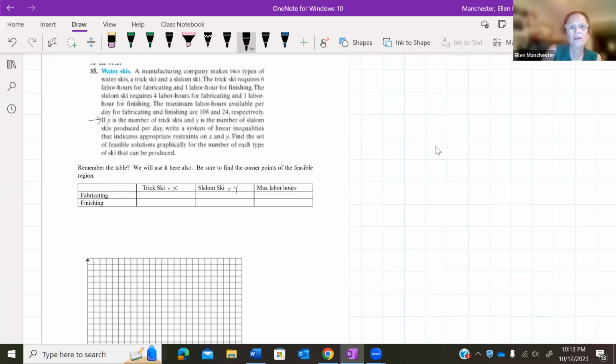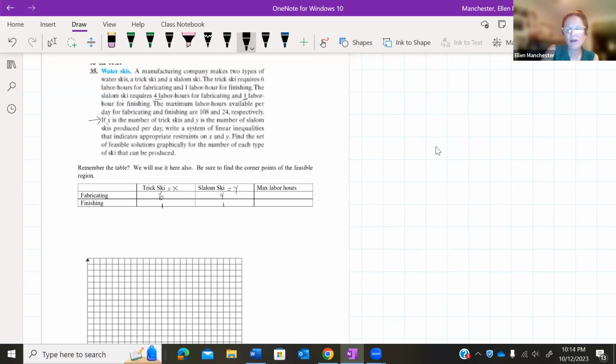So it says the trick ski requires 6 labor hours for fabricating. So the trick ski is 6, and 1 for finishing. So 6 and 1. Notice I'm putting it in the trick ski column because the trick ski takes 6 hours to fabricate and 1 hour to finish. The slalom ski requires 4 labor hours to fabricate and 1 hour to finish. So again, I'm putting it in the slalom ski column.